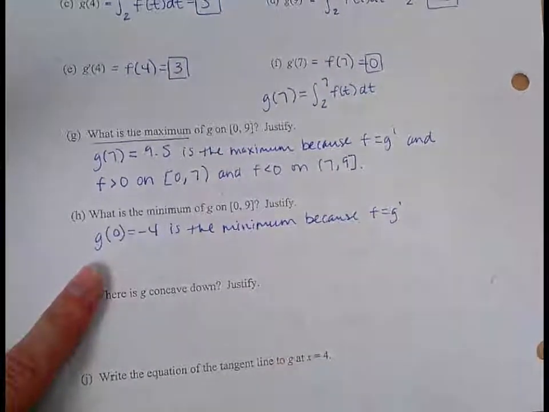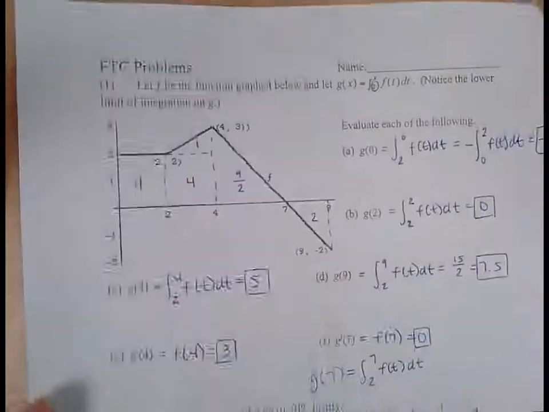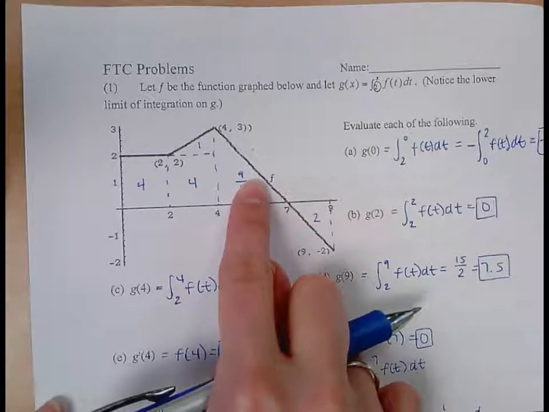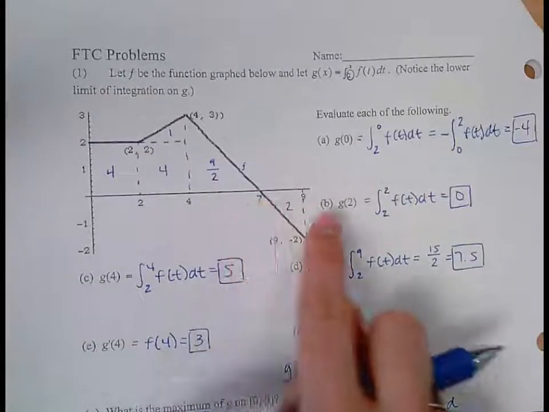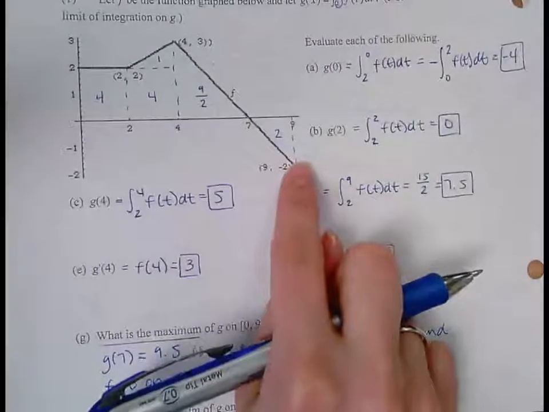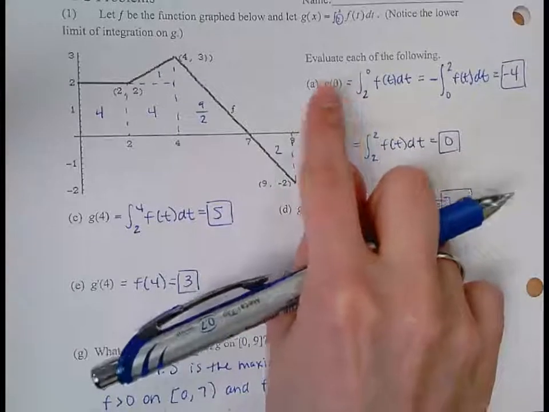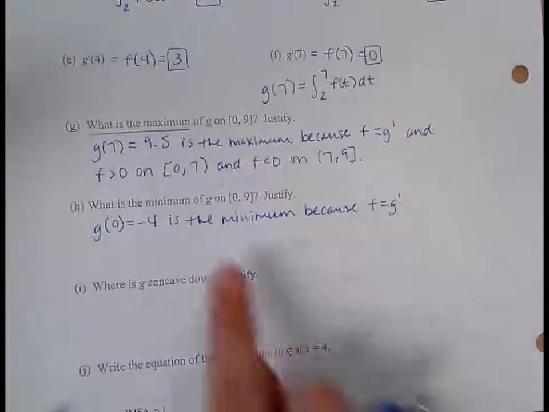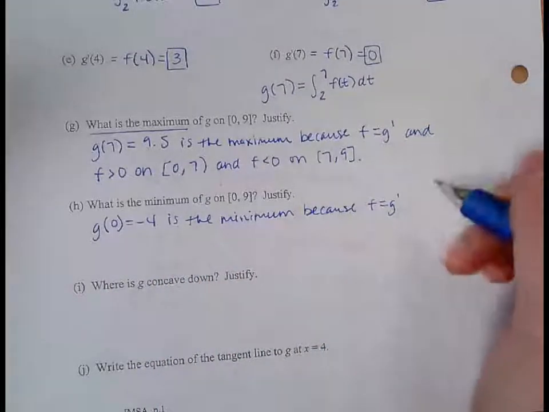So I know if the derivative is positive, the function is increasing. So I know g is increasing from 0 to 7, and then it doesn't decrease until 7 to 9. But I know g of 9 is not smaller than g of 0. So that's how I'm saying I know that this is the minimum. So g of 0 equals -4 is the minimum because f equals g prime.